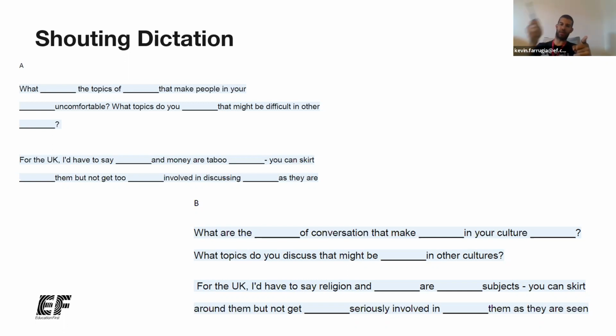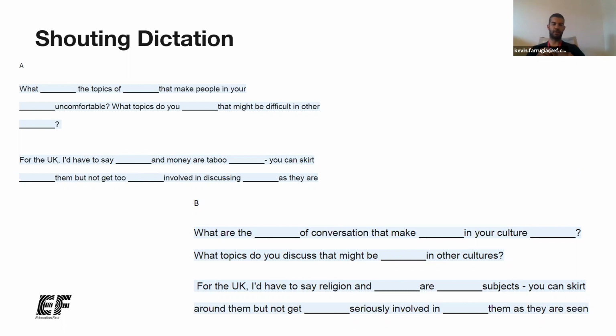And they're working with the person in front of them. They are shouting to the person in front of them. They're part of the text. And the aim is to, with their partner, fill in the missing words. As you can see, person A needs to speak to person B to be able to fill his or her missing words. And same for person B.